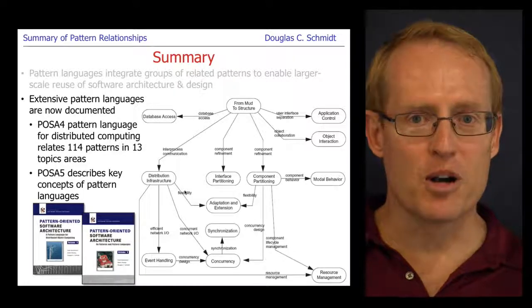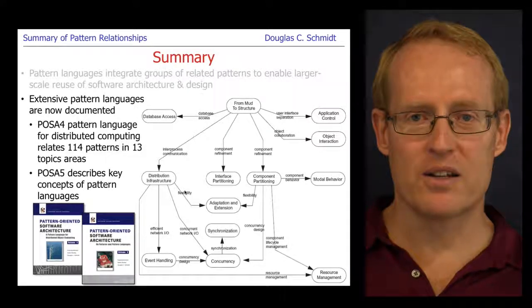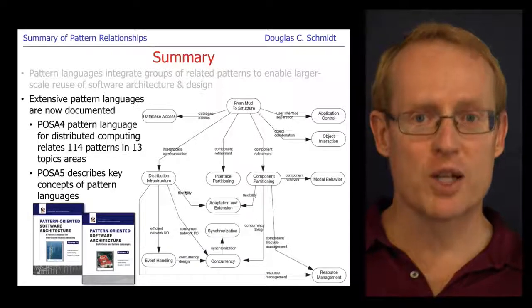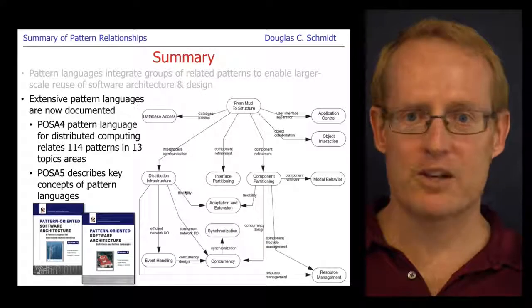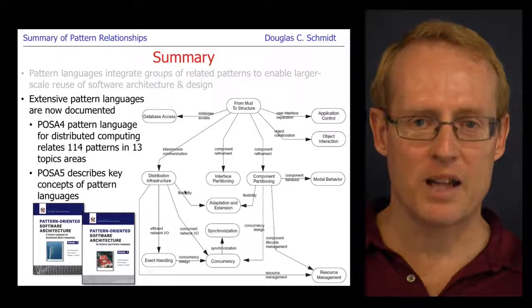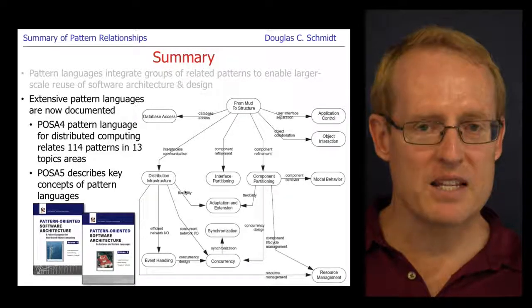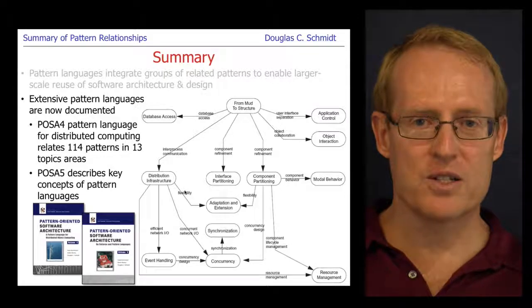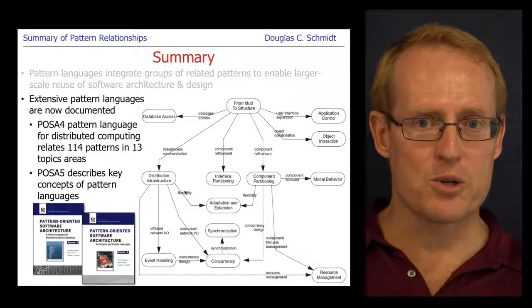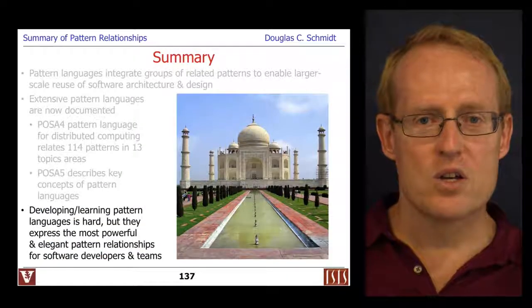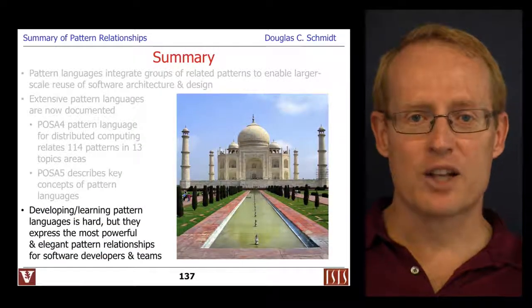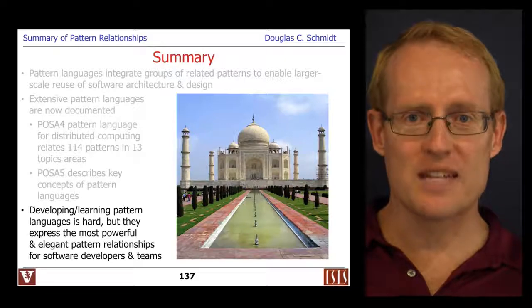The POSA 5 book provides a much more detailed discussion of the different relationships we've talked about in the form of patterns. Pattern complements, pattern compounds, pattern sequences, pattern languages, and so on. And has many, many examples, other illustrations, case studies, and so on to help you understand these concepts and how they relate to each other. So it turns out that developing and learning patterns is not always easy.